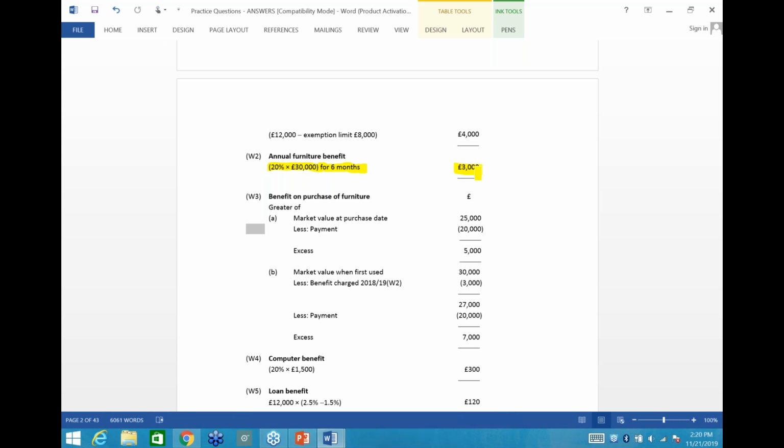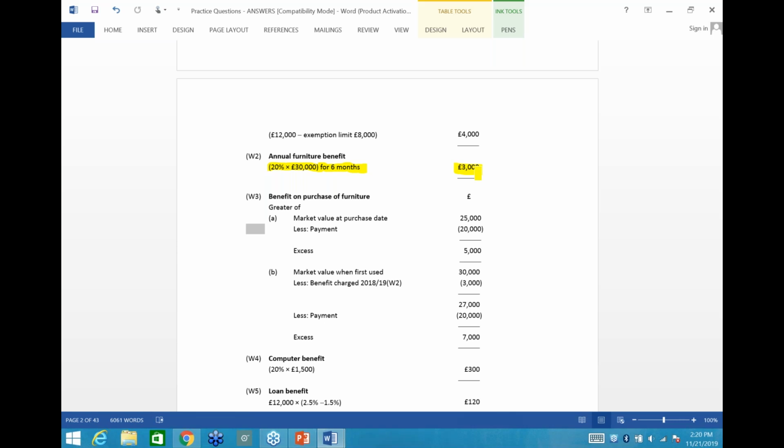Then only I was permitted to purchase this furniture at a lower cost than the market value. Market value was £25,000, but I was permitted to purchase for £20,000.